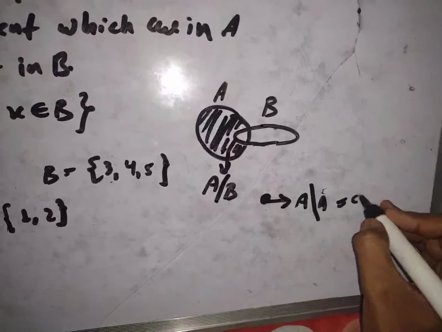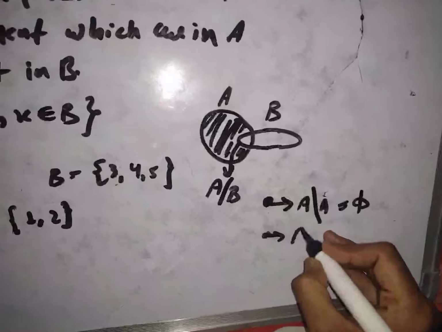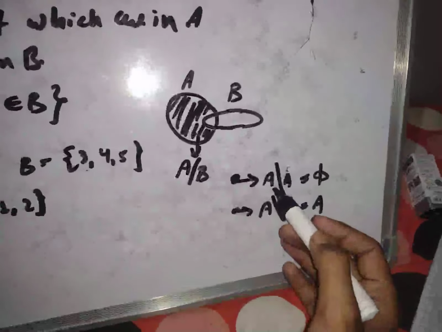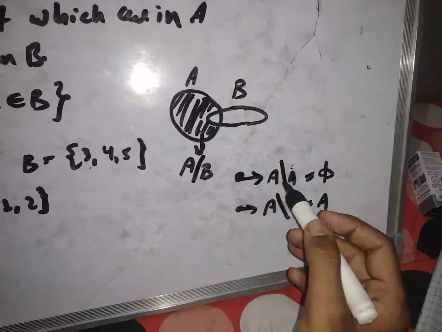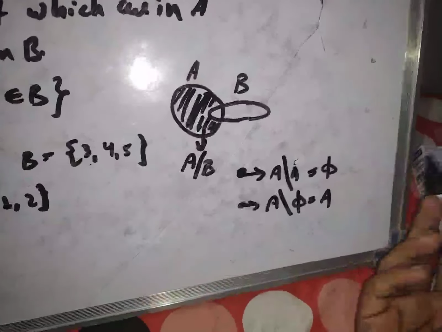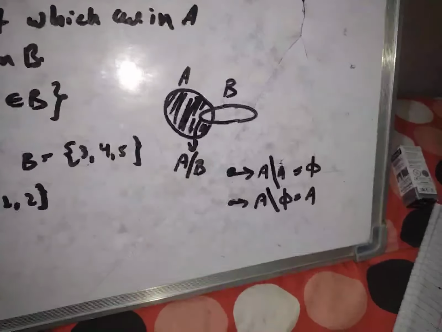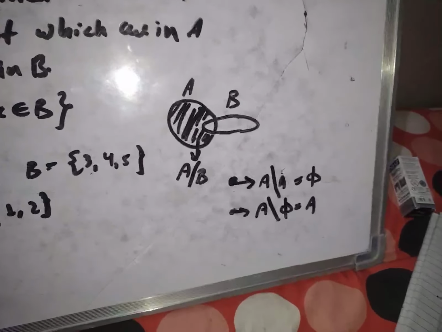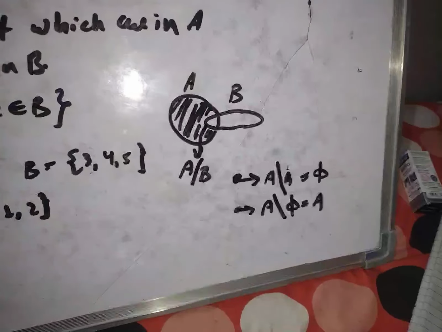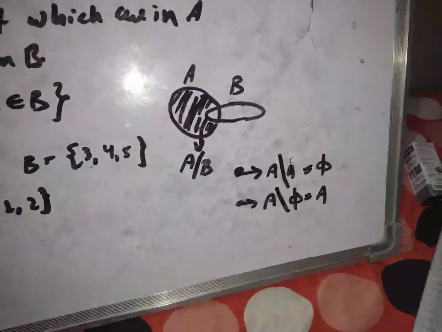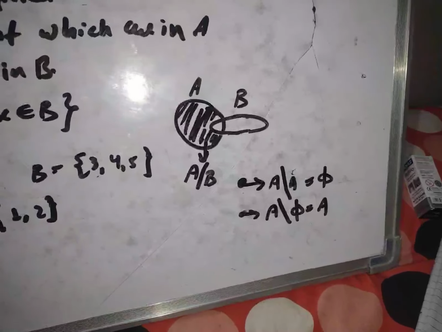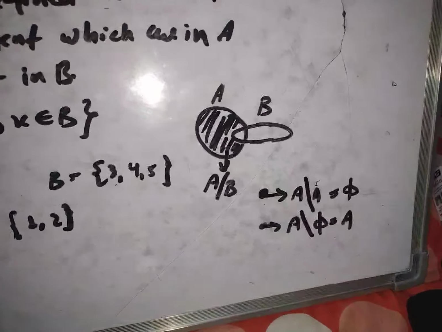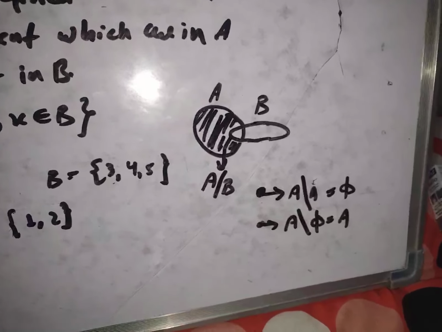And of course you can put some remarks here which are very important: the difference of A and A is always phi, and the difference of A and phi is A. The elements in A but not in A is of course phi. So if we take the difference of set A with set A, it is a null set, because both sets are the same, so both sets' elements are also the same.